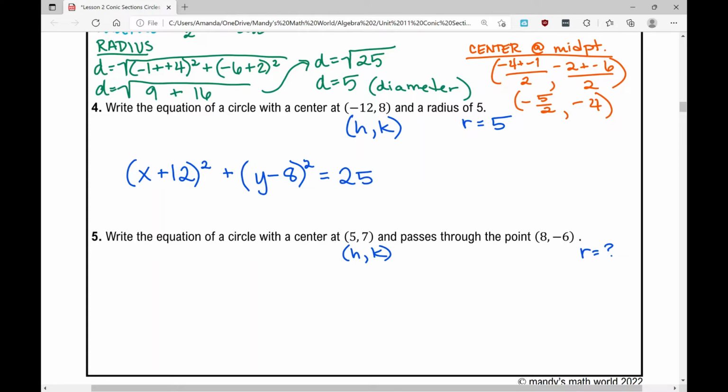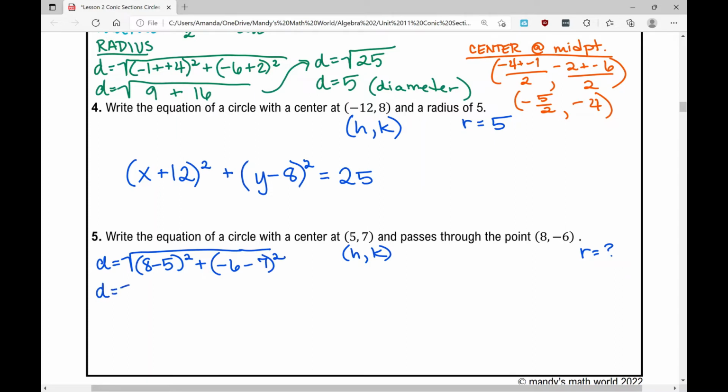I know that the distance between those 2 points is the square root of, and I'm going to subtract the x values, so 8 minus 5, and then I'm going to square those, plus negative 6 minus 7, and then square those.